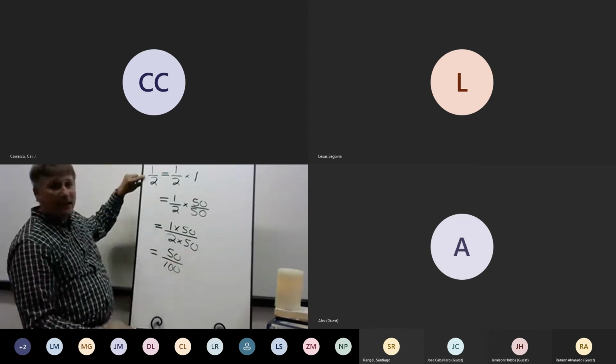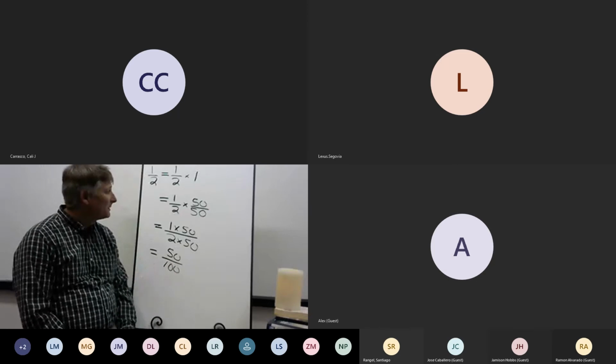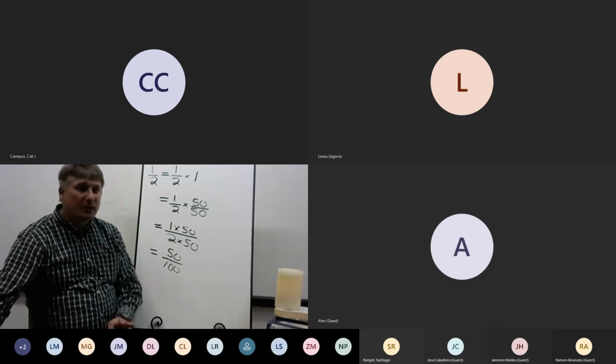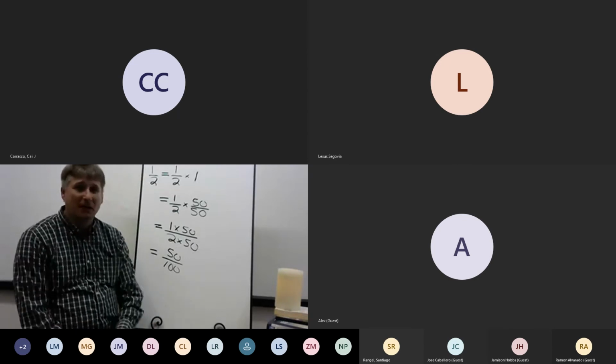And so we get that 1/2 equals 50 out of 100. Any questions about that? That's just something I wanted to show you before we get into fraction division, just sort of an off to the side thing.